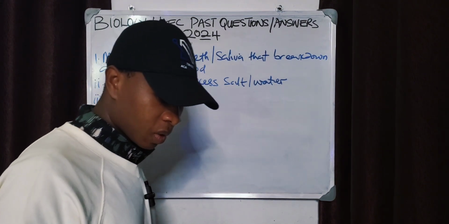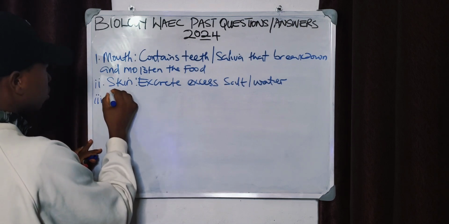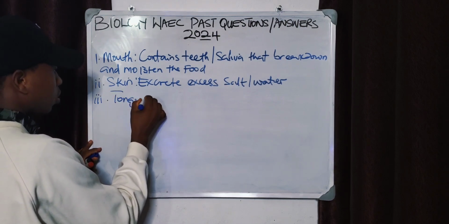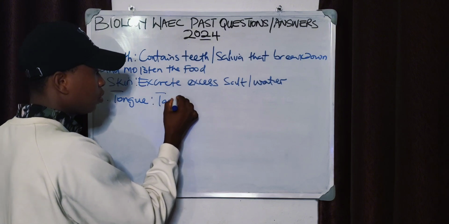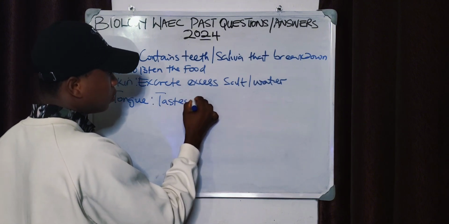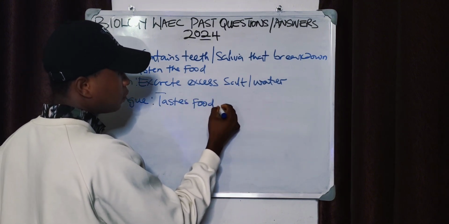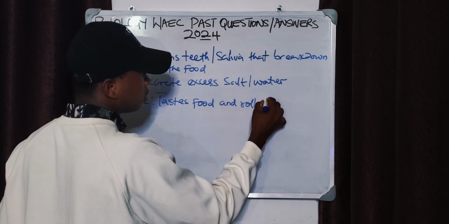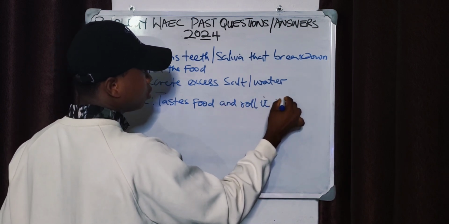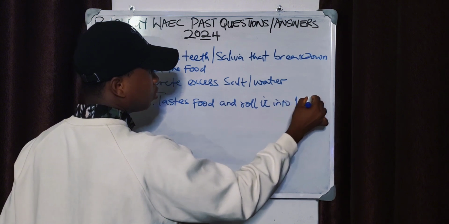So the next one, III, is the tongue. The function of the tongue in that process is that it tastes the food and rolls it into bolus.